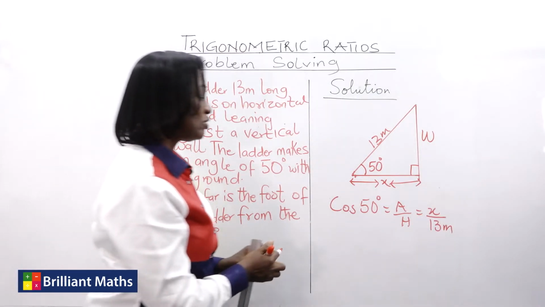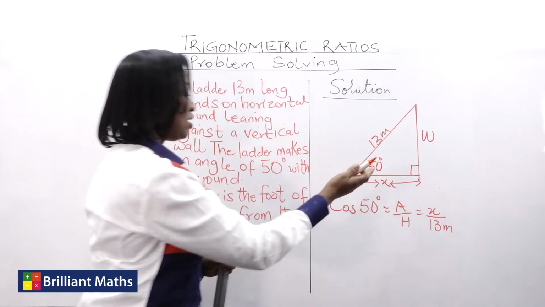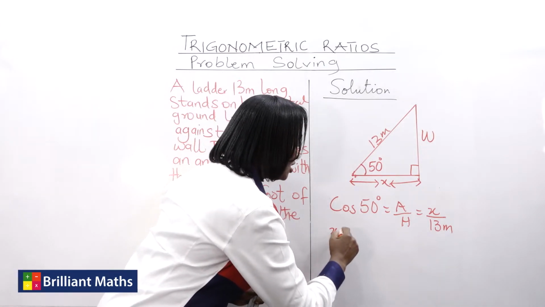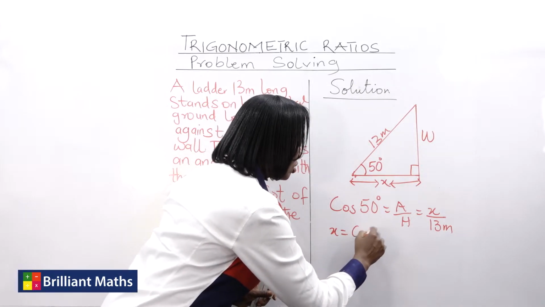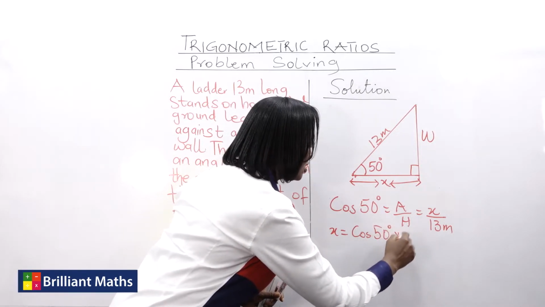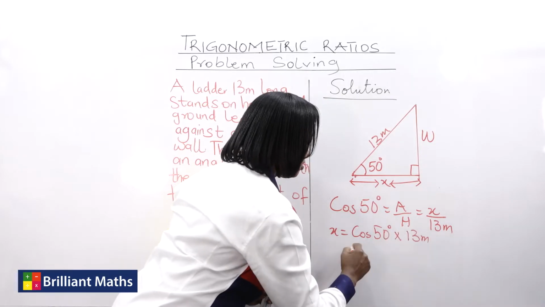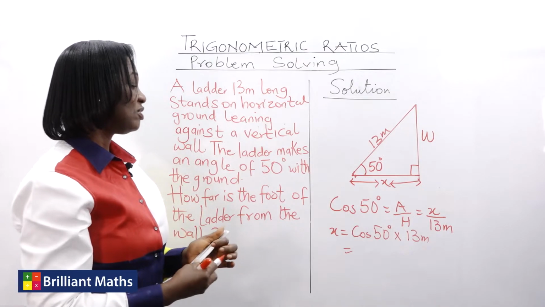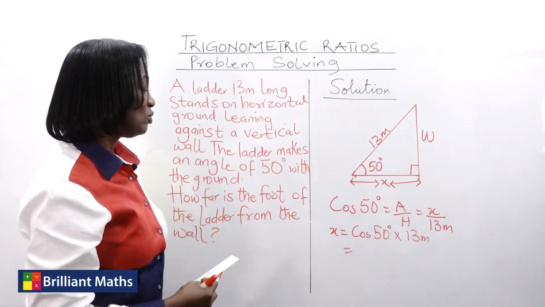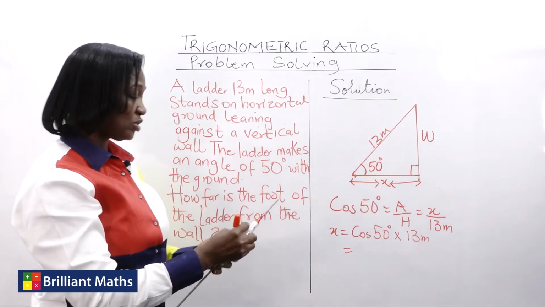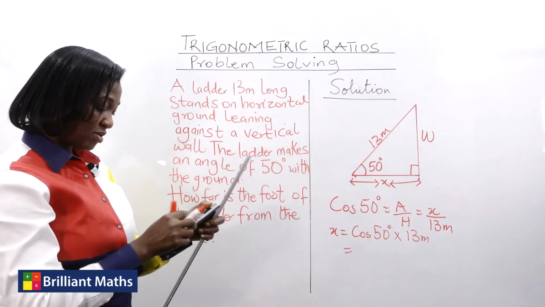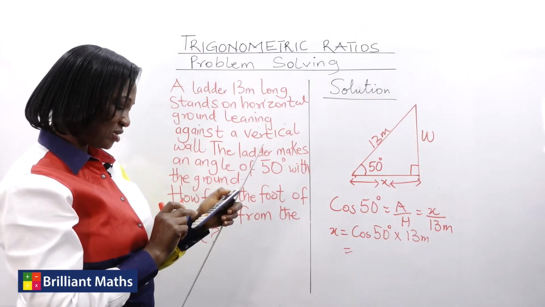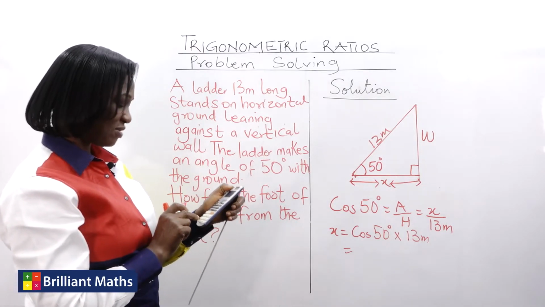So to find x, which is the distance between the foot of the ladder and the wall, x is equal to cos 50 degrees times 13 meters. So put that into your calculator, and what would you get? So we have 13 times cos 50 degrees.